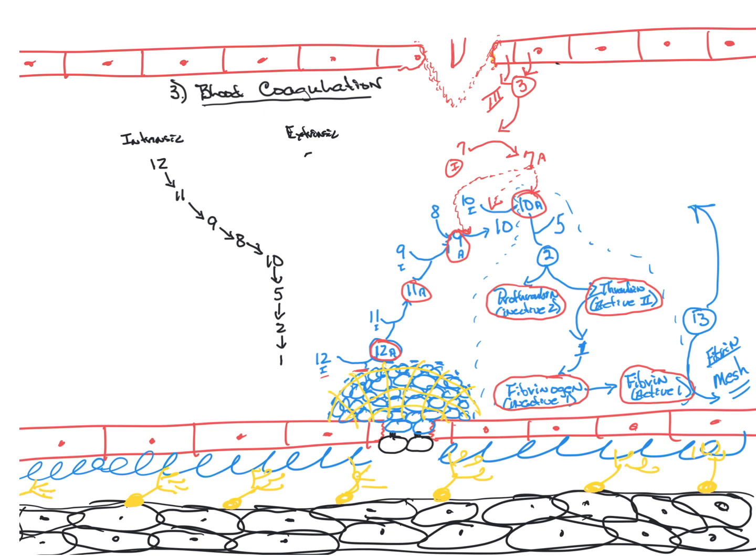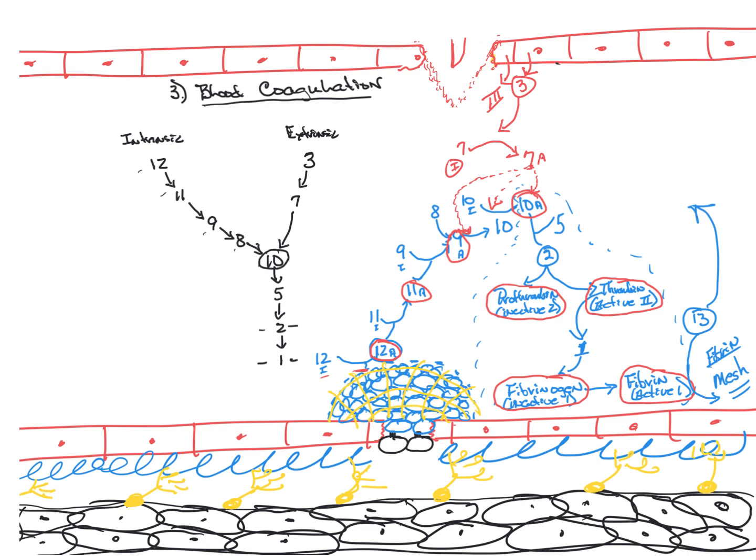My extrinsic is the 3, the tissue factor 3. It goes to 7, 7 goes to 10, and that goes with 5 to convert prothrombin to thrombin, which converts fibrinogen to fibrin. The way to remember the intrinsic is you just go in reverse order: 12, 11, skip 10, 9, 8, 10.